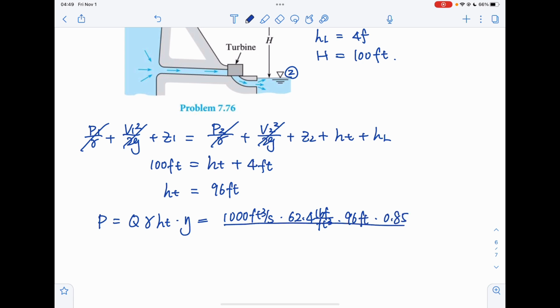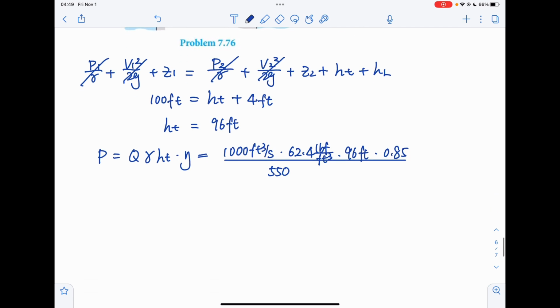Notice this problem is in English units, so when we do the calculation for power, we need to divide by 550. So the power is actually 9,260.